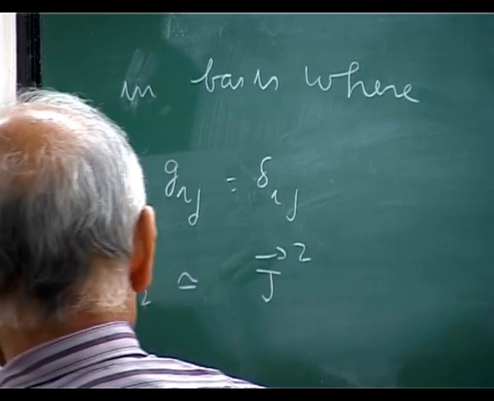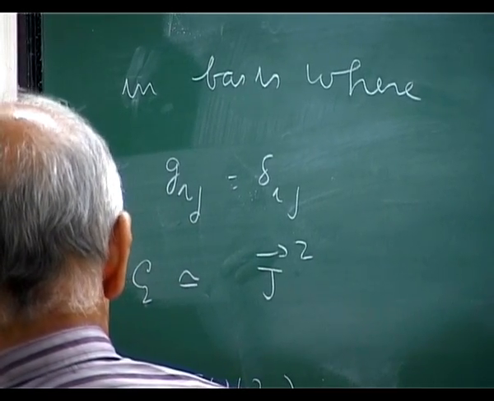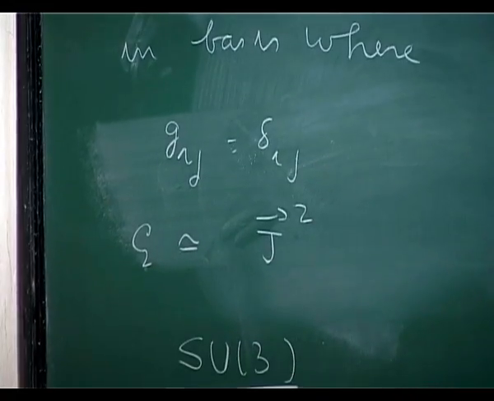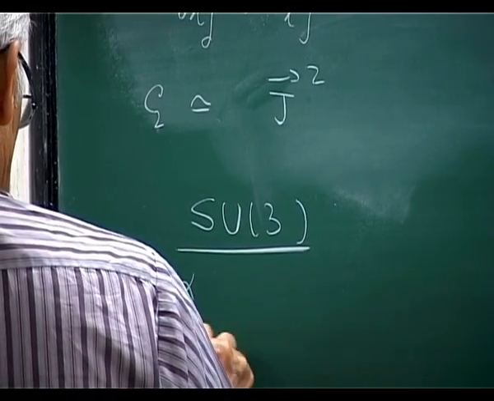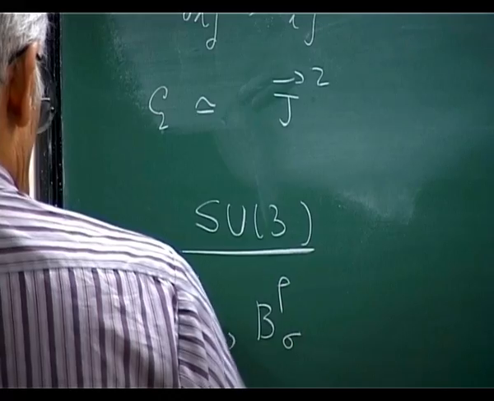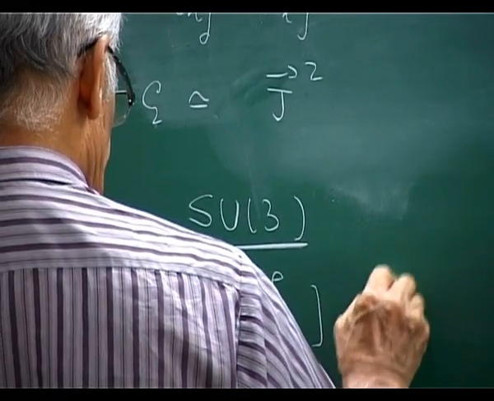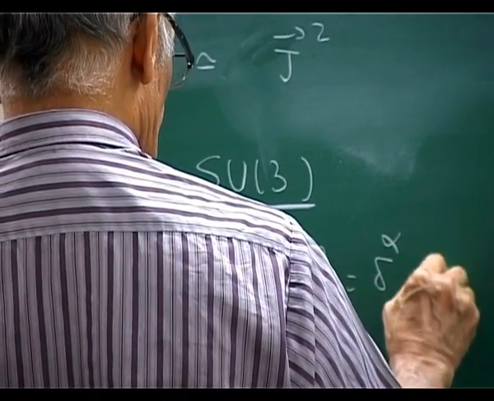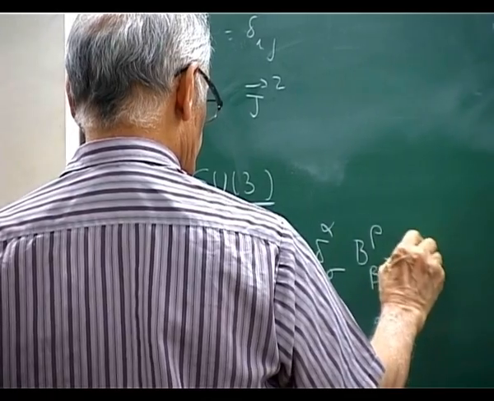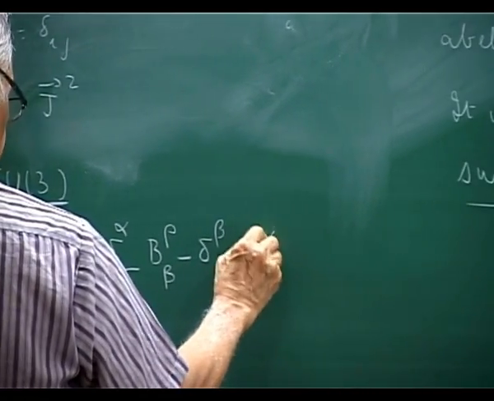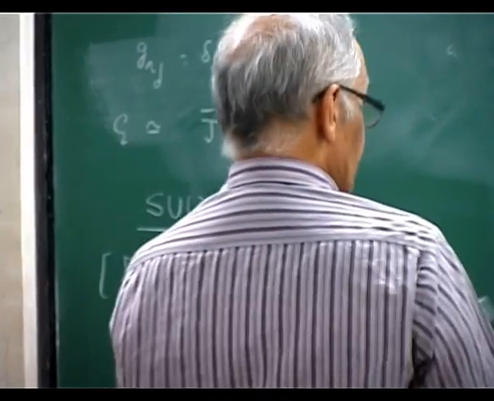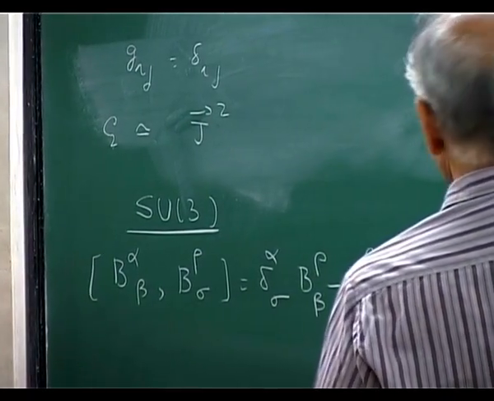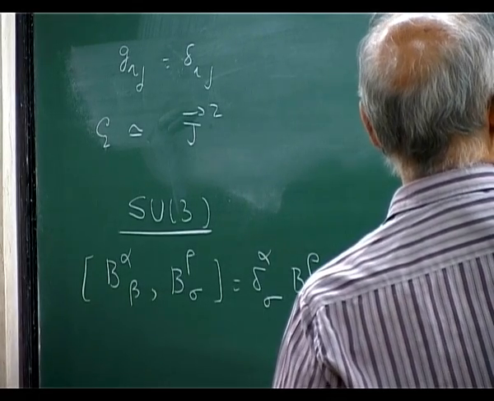If you take SU3, here remember the basis, B_alpha^beta, B_rho^sigma. I wrote this: it is delta_alpha^sigma B_rho^beta minus delta_beta^rho B_alpha^sigma. These are the commutation relations, where the B's are the tensor generators and B_lambda^lambda was 0.